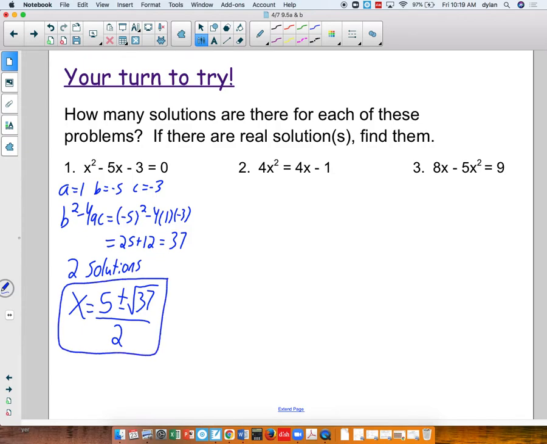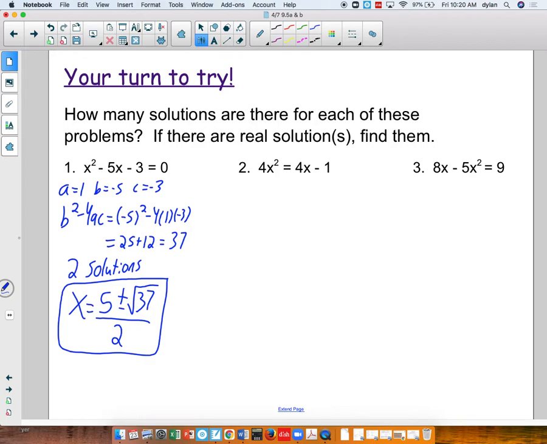So it's really nice because if you've done the discriminant already, not only do you know how many solutions you're going to have, but it makes the quadratic formula really fast. The only thing you have to check is to make sure that that square root can't be reduced further. Now in this case, 37 is a prime number, so there's no reducing that's going to happen here, but if it was divisible into two numbers where one was a perfect square, you have to make sure you simplify it.